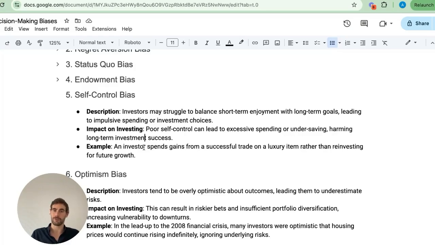I have it more on the food side or on the drinking side. So if I go out and enjoy one beer, I tend to have not only one. So my self-control is not that strong there. But on the financial side, I tend to keep my money always invested and not take out that much. I tend to be a little bit restricted also on my spending and on the bonus that I get. I tend to reinvest everything as of now.